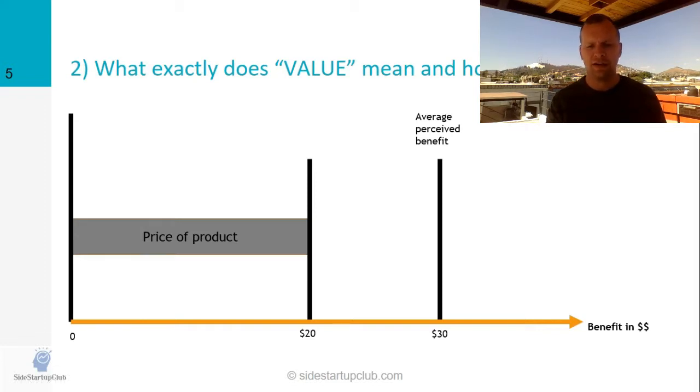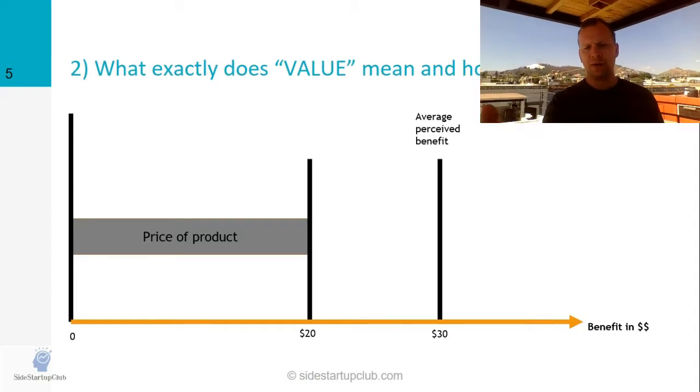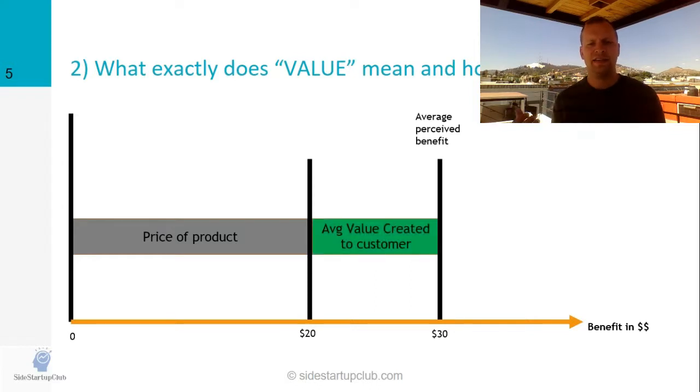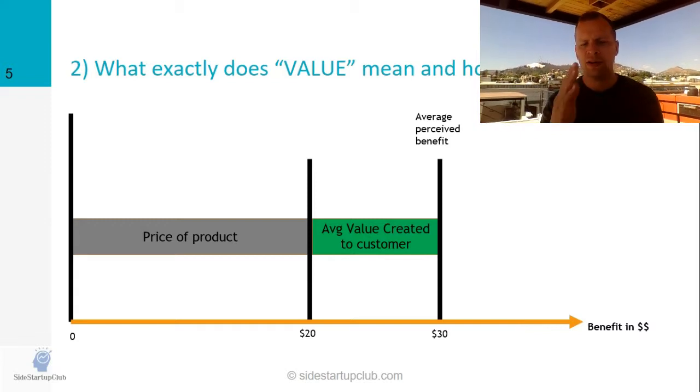For the sake of business, we measure it in dollars. A given product or service has an average perceived benefit, and the amount of benefit somebody perceives a service to have minus the cost they paid for that service is the value created.